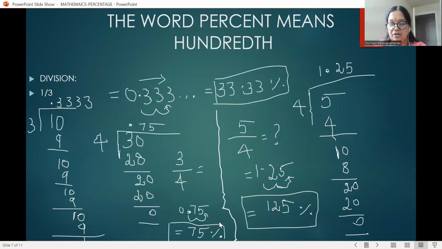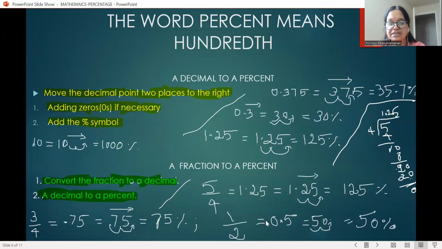Okay, next 1 by 2. 1 by 2 is equal to 0.5. 0.5, when you move two decimal places, you will get 50%. Okay, you know 50% we indicate 1 by 2. If you buy a pizza, you are going to share it with your friend. So you cut the pizza into 4 slices.